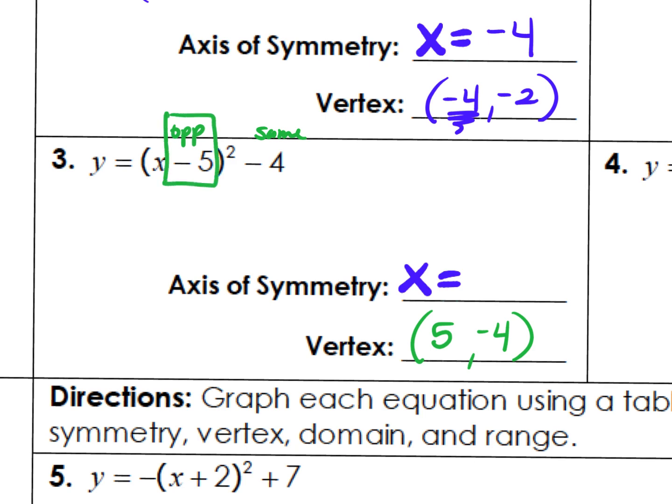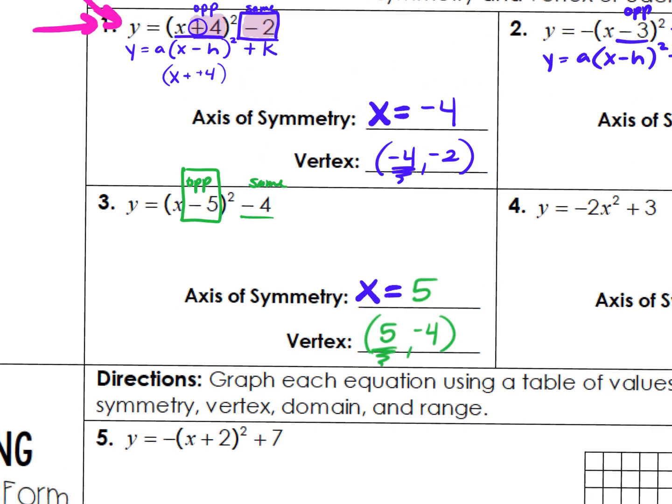So it looks like a negative 5. That means it's a positive 5. This looks like a negative 4, so it is a negative 4. Opposite of what it looks like, the same as what it looks like. So what's your axis of symmetry? Not just 5. X equals 5 is your axis of symmetry. Axis of symmetry is always the x value of your vertex.